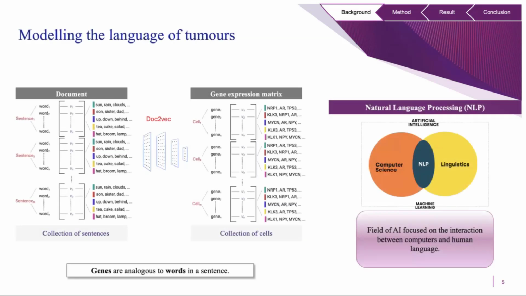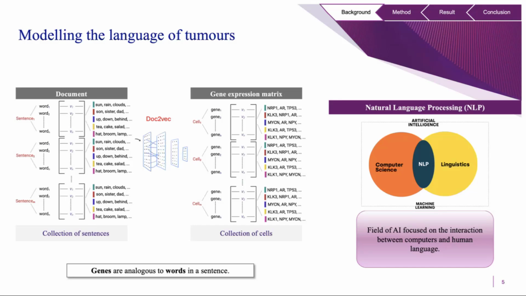To transfer from single cell data to AI, we use natural language processing, which is a field of AI that is focused on the interaction between computers and human language. Basically, it's a comparison between the English language we speak and the language that cells speak.